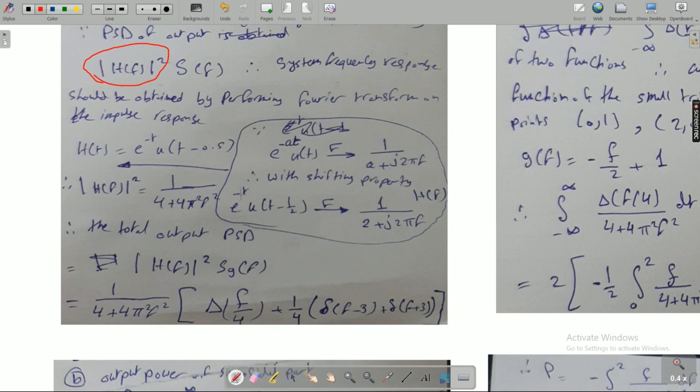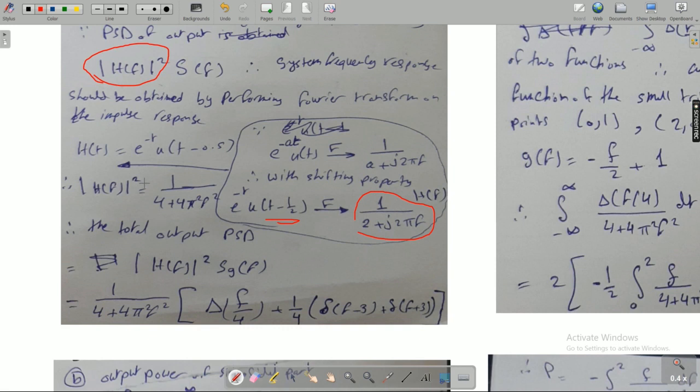Here the a is equal to 1, while the t is not alone, it's shifted by half. So its Fourier transform will be equal to what? 1 over (2 plus j 2 pi f). Why have I added here 2? I have added here the reciprocal of the shifting amount. Okay, so far I have the H of f. This is the H of f.